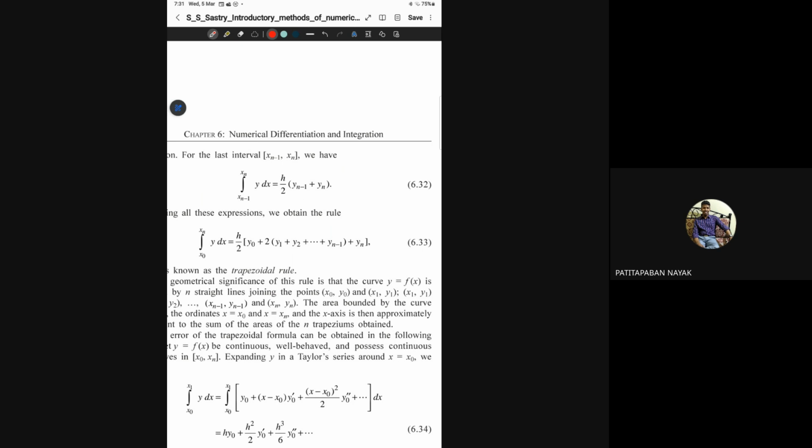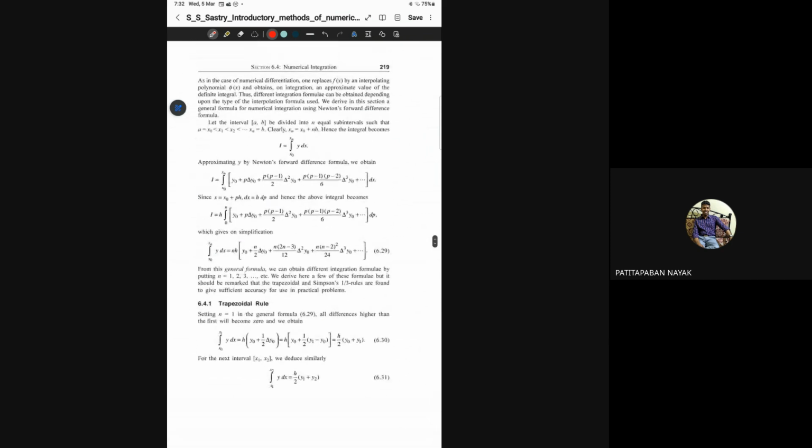Next ones will be y1 plus y1, y2 plus y2, y3 plus y3, like that. If you write that, then it will be y0 plus twice of (y1 plus y2 plus up to yn minus 1), and the final one would be yn. So this is something called the trapezoidal rule.